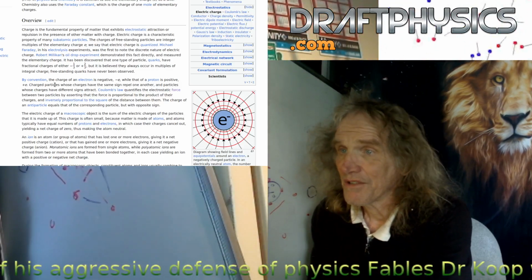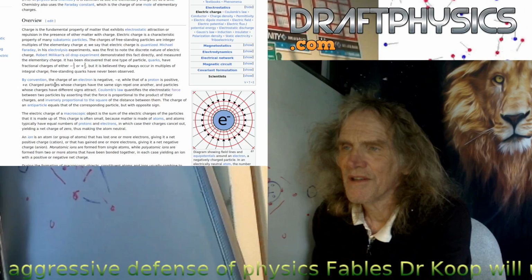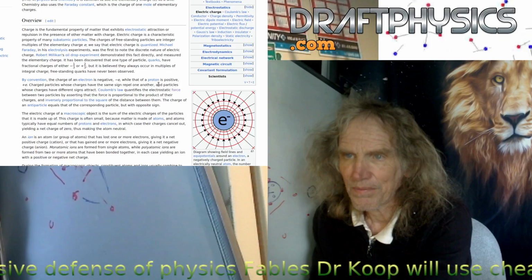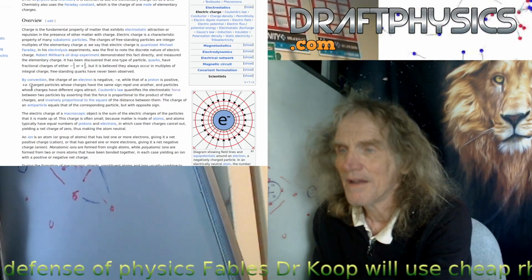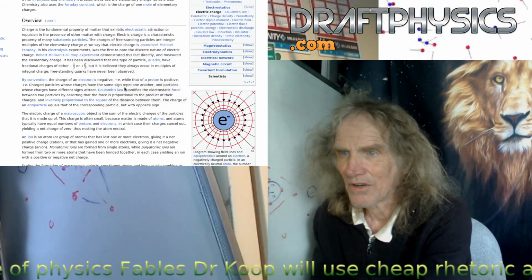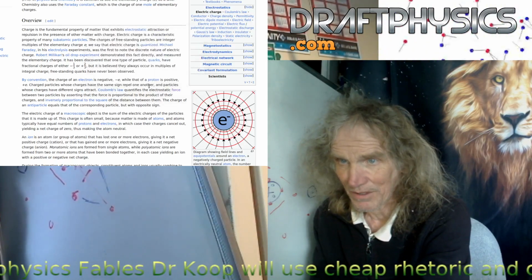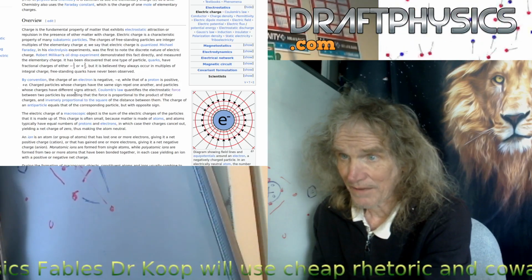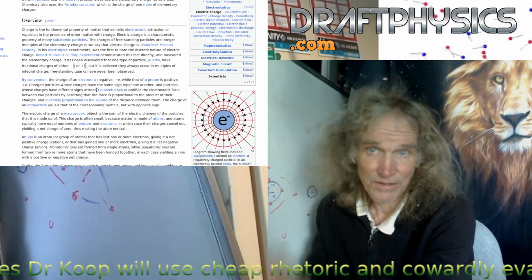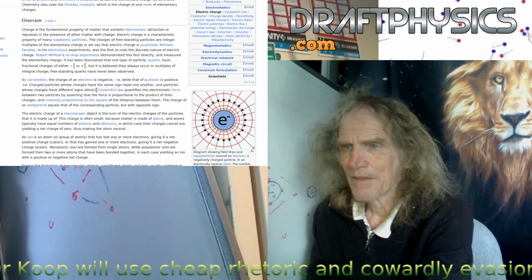By convention, who likes those? The charge of an electron is negative, while the proton is positive. Charged particles whose charges have the same sign repel one another. Particles whose charges have different signs attract. So again, they're going to argue as if there are different particles that have this phenomenon of charge, and there really isn't.